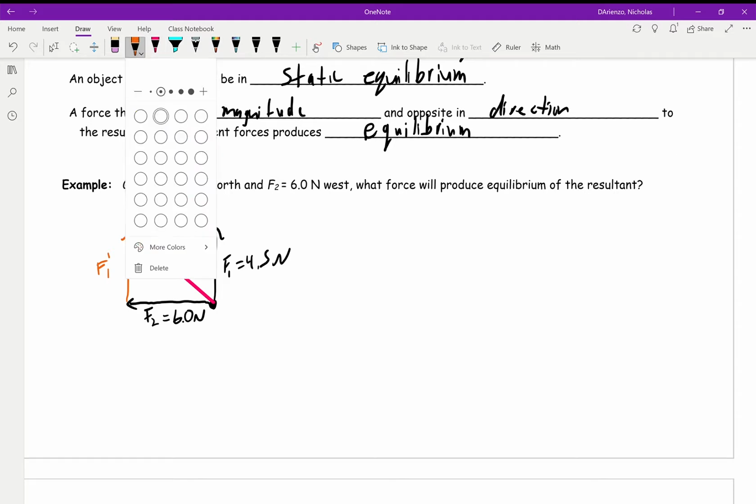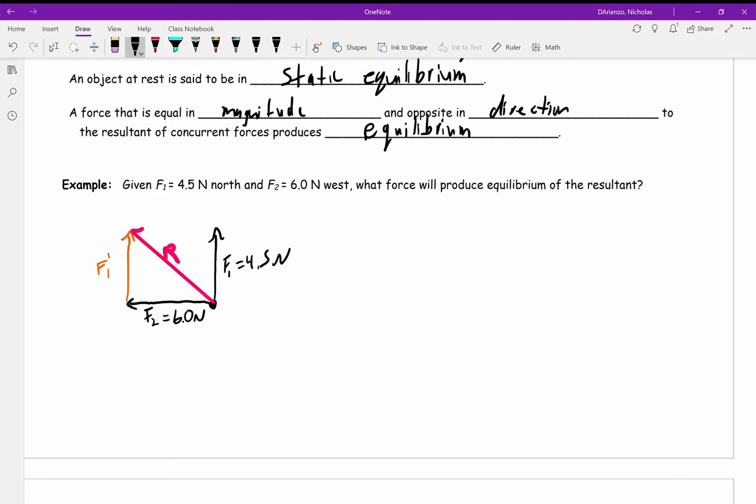So now we can use a little bit of math here with our right triangle to figure out the resultant. So we have 4.5 newtons. Now that I'm looking at this, those were not squared, those were squared there. It's 4.5 newtons squared plus 6.0 newtons squared equals our resultant squared.